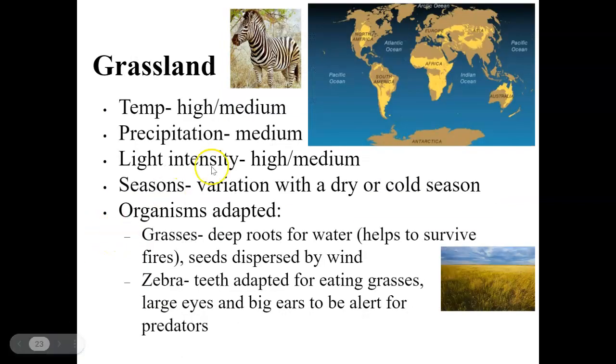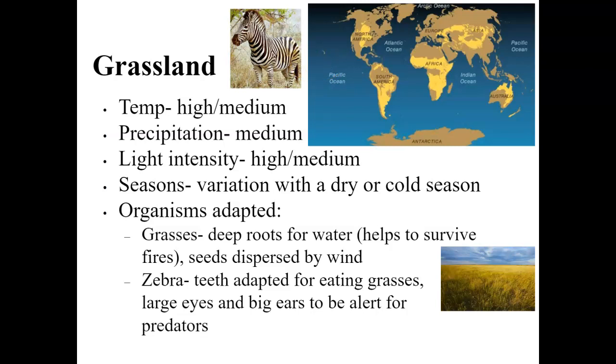The grasslands. You kind of find the grasslands sort of along the mid area right here, but these tend to be, again, in more like high to medium temperatures, and they do get a medium amount of rainfall, so pretty good precipitation. They also get kind of a lot of light as well.